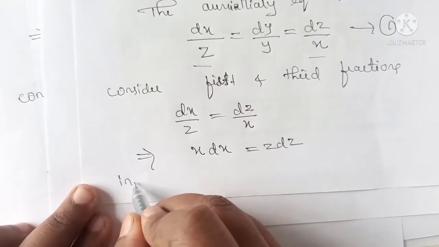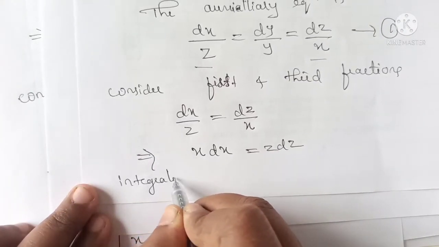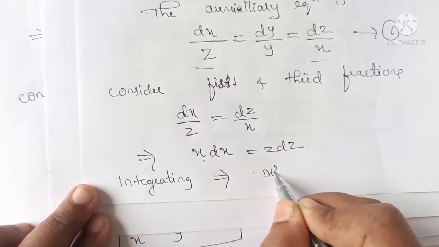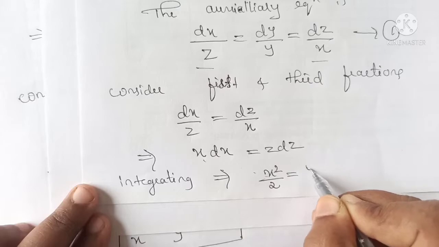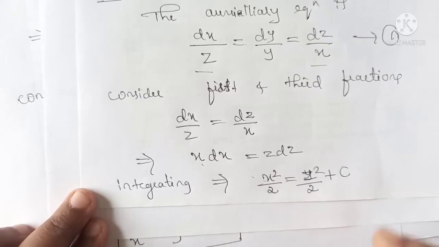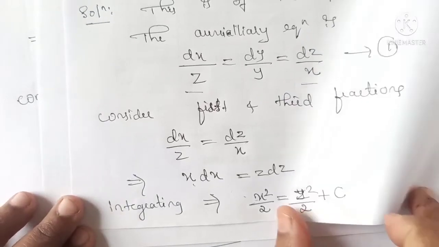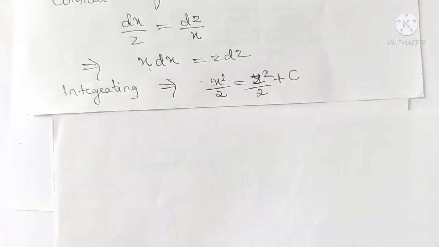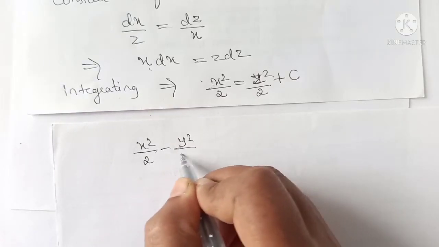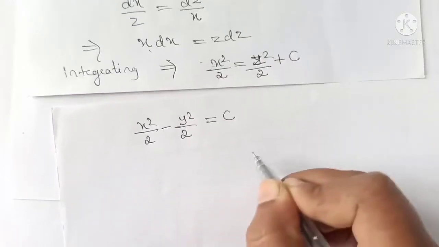On integrating, we get x square divided by 2 equals z square divided by 2 plus c.